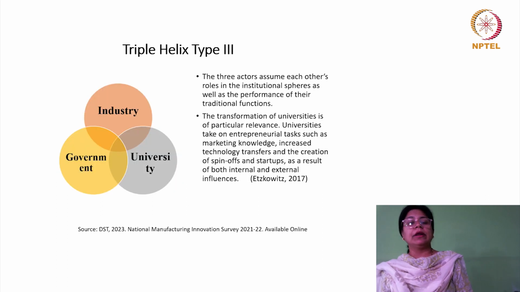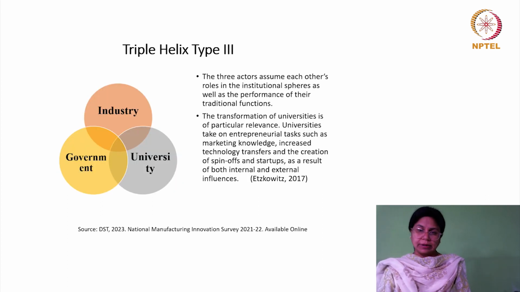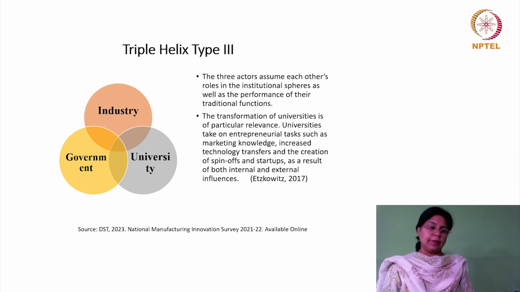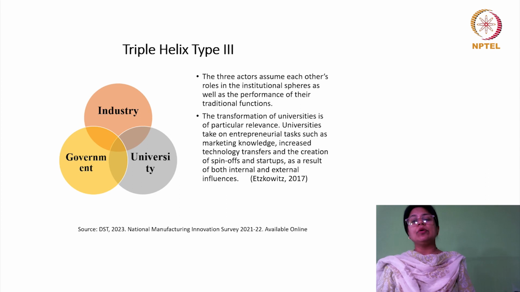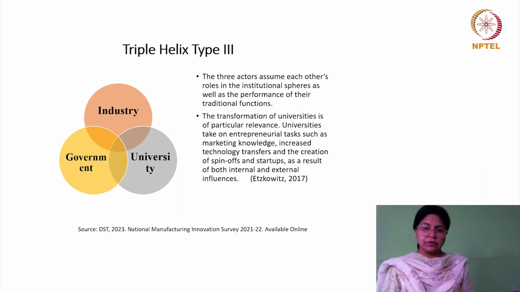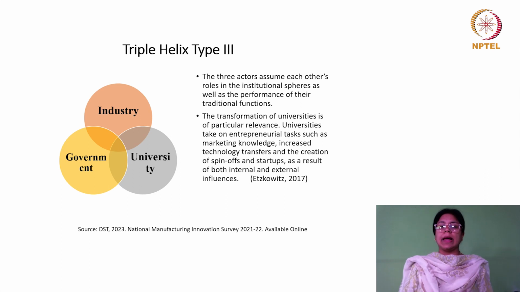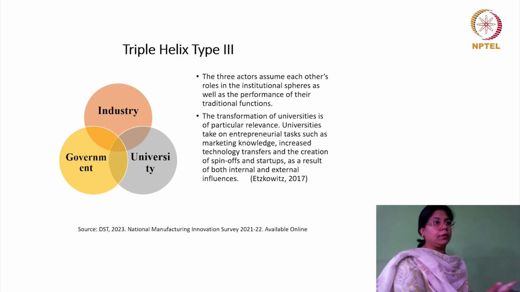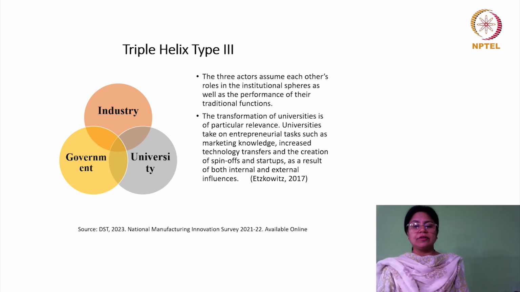Now moving forward, if you look at triple helix type 3, here the three actors, the industry, government and the university, seem to assume each other's role in the institutional sphere. Not only that, it seems they are moving beyond what their traditional functions entail.